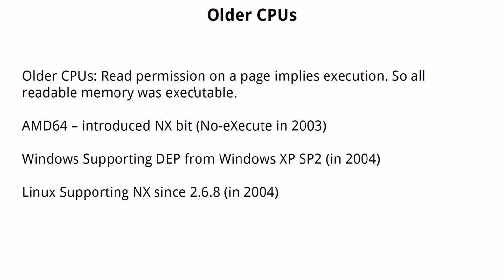Then, almost 20 years ago, AMD first introduced the NX bit, the not executable bit, which means a memory region can be readable, can be writable, and also we can say it's not executable. A year later, Windows started supporting this feature, because the CPU offers this bit, but the OS may not be using that. Windows XP started using this in 2004. Linux also started supporting this in 2004. That's almost 20 years ago.